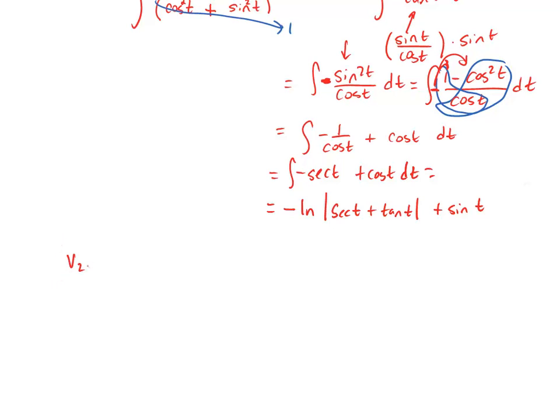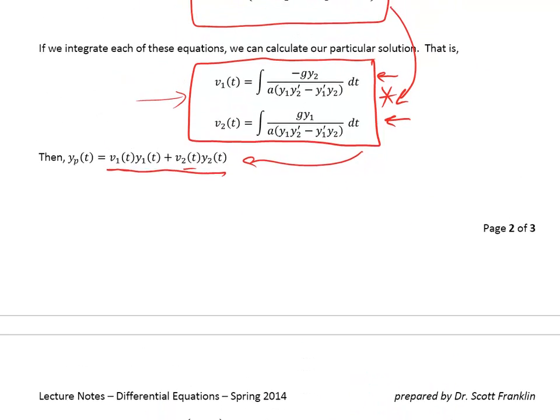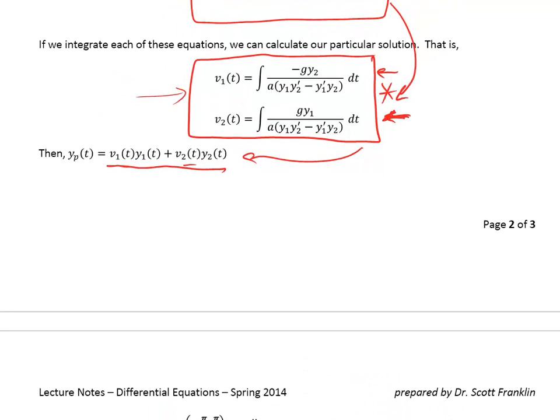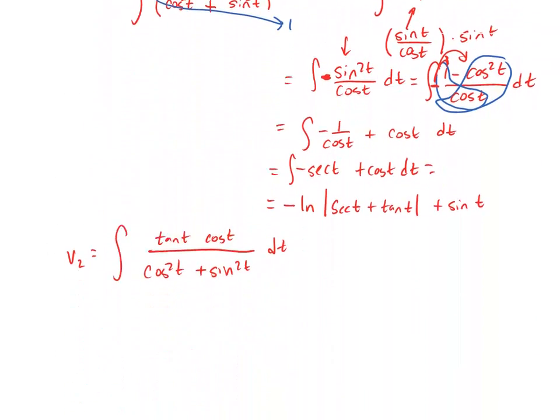Now what about v2? v2 is going to be similarly the integral of g, which is tangent of t, cosine of t, and the denominator is the same. It's cosine squared of t plus sine squared of t. Again, using the formula for variation of parameters, right here, that we derived for what v2 would have to be.